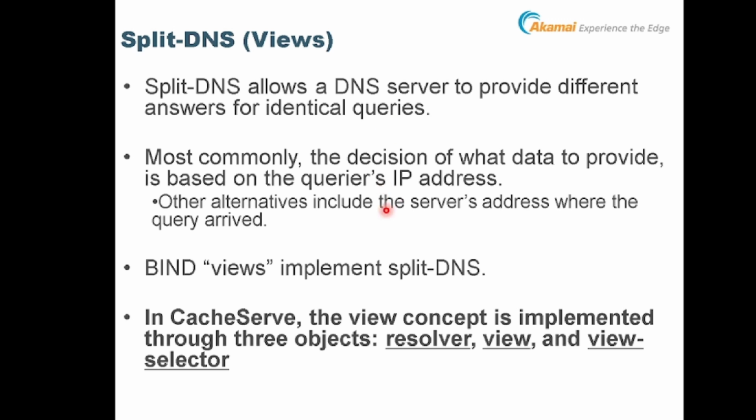Typically, it is the IP address of the source of the DNS request packet that is used to decide which set of DNS data to provide. And there are other options that are possible. CACHESERVE has a much richer set of keys to use for that view selection than AuthServe does.